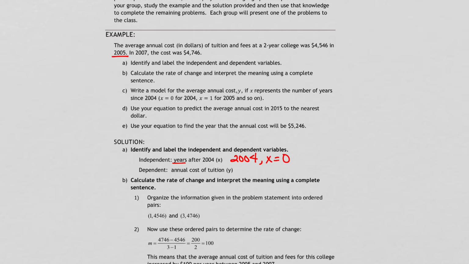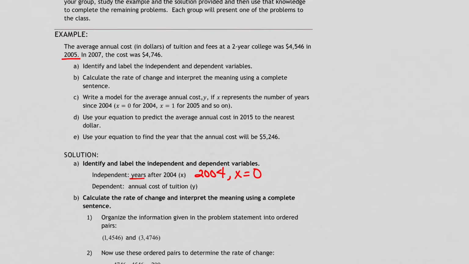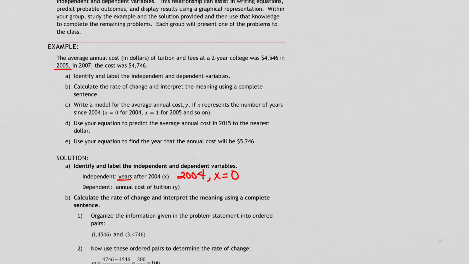Part B says calculate the rate of change and interpret the meaning using a complete sentence. So I'm just going to go to the side and do this. Our first point will be in 2005, the tuition was $4,546.